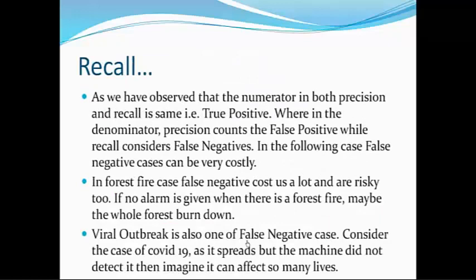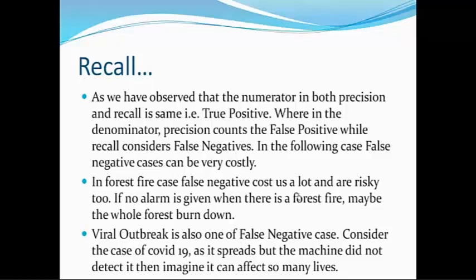Now, in the following cases, false negative cases can be very costly. In the case of forest fire, false negative costs us a lot. False negative means that the device is predicting no, but the reality is yes. That means the fire can be there.